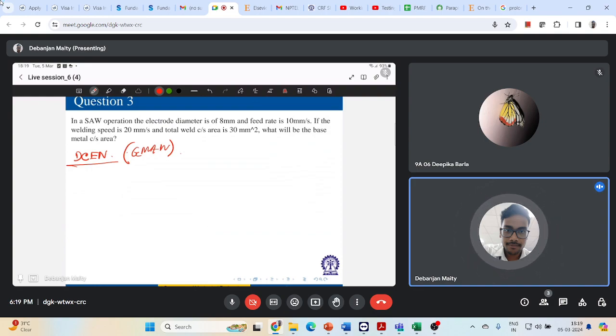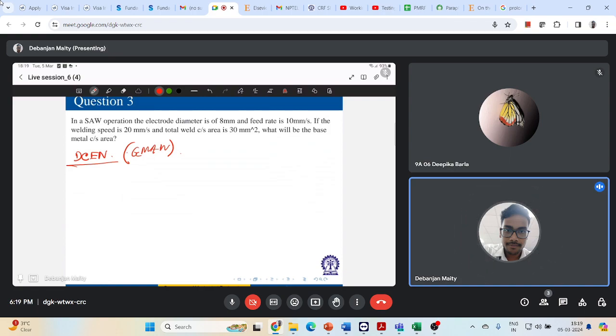And the drop size will be big enough, and because of that, you will end up with something called repelled metal transfer. We talked about this repelled metal transfer in our earlier class also.